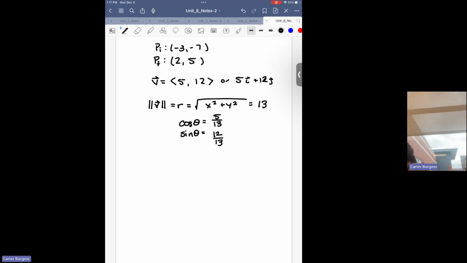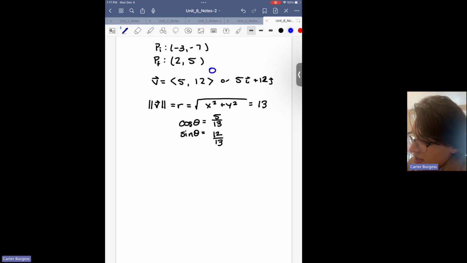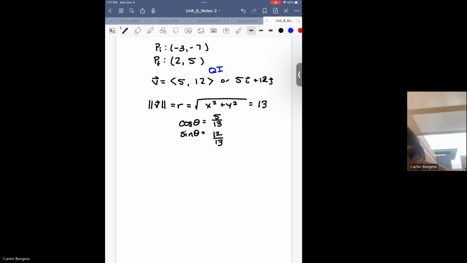Do we know the theta on the unit circle that gives an x value of 5 over 13 and a y value of 12 over 13? No. And so we are going to need to use our inverse trig statements to figure this one out. As far as inverse trig, we need to know what quadrant we are pointing towards. What quadrant does our vector point us towards? This is a quadrant 1 pointing vector. Positive x, positive y.